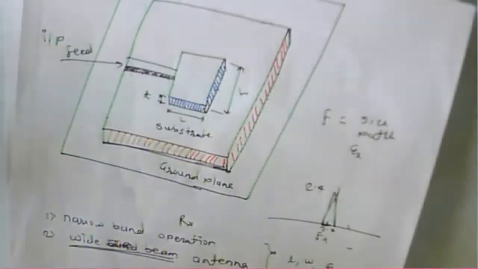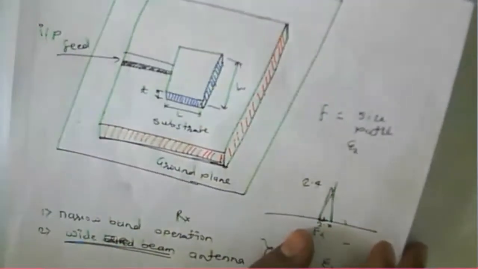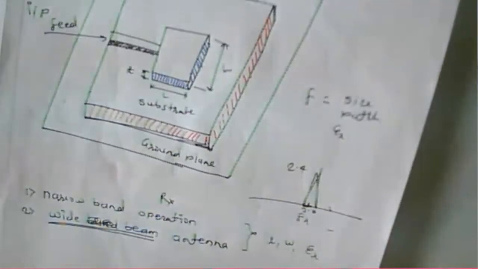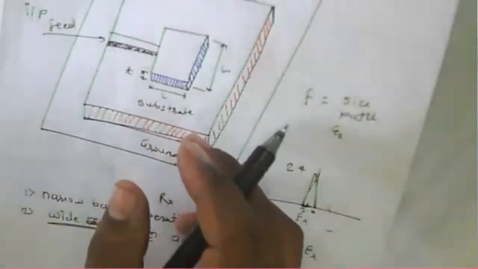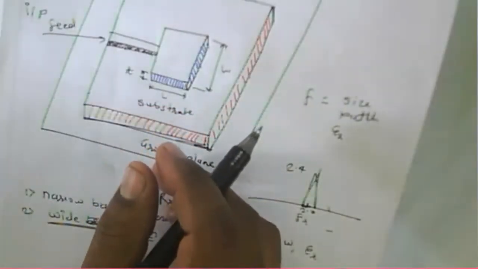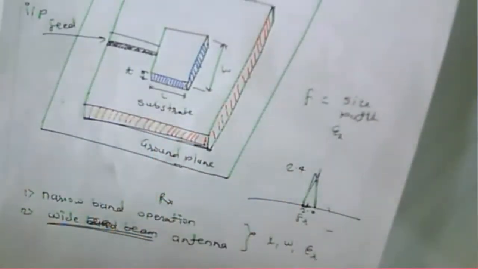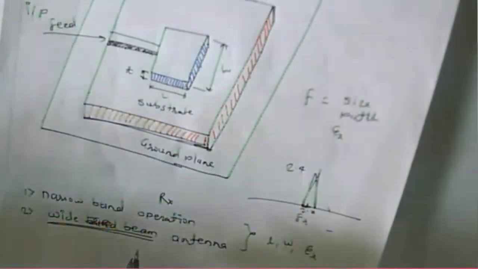According to that, we can use this particular microstrip patch, meaning how we are exciting it, what radiation pattern we require, and in which directions we require it. According to that, we can design either a rectangular or a square shape. That is your microstrip antenna.